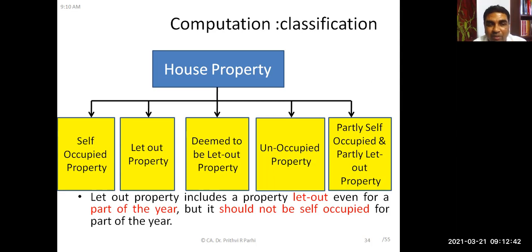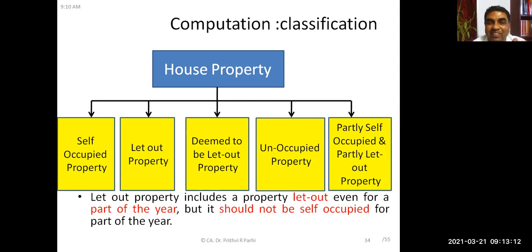But here one more concept we have to keep. Let out property includes a property which is let out even for part of the year. That means, let us say, the property is let out only for 2 months and for 10 months it is vacant. What will we treat it as? Still, it will be treated as let out property, even for a part of the year. But it should not be self-occupied for part of the year.